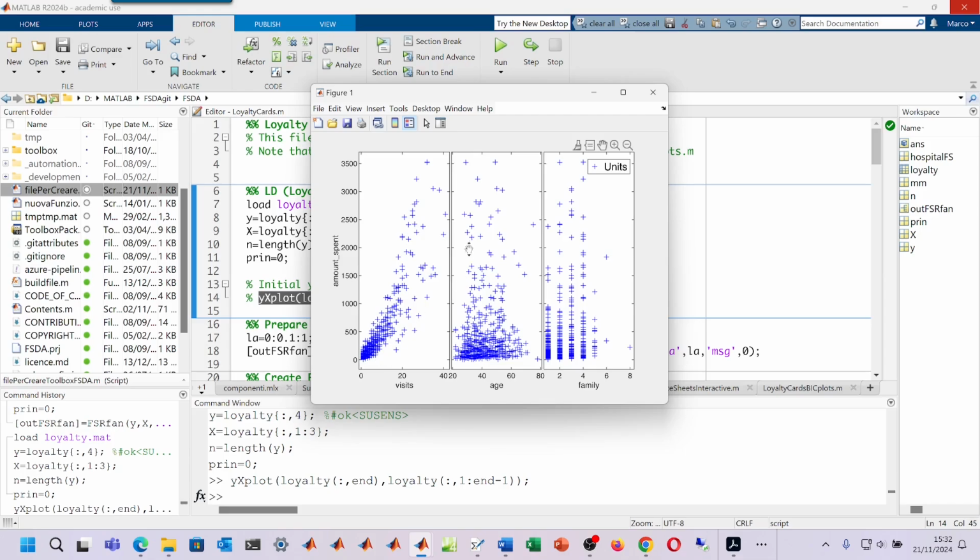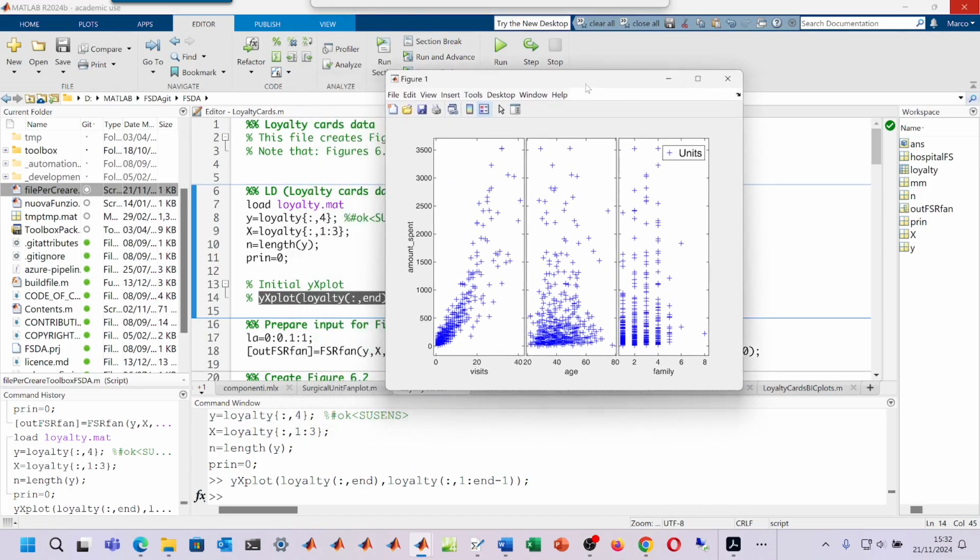We see that there is a clear relationship between the number of visits and the amount spent. So it is important that people go inside your supermarket, because the more they go, the more they are going to spend in the supermarket.